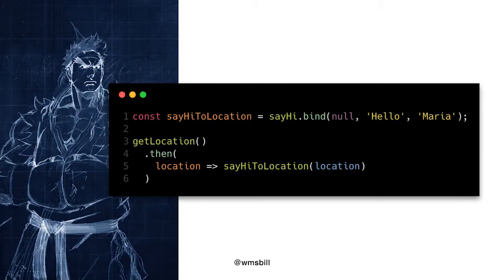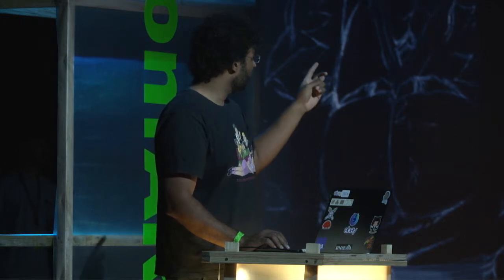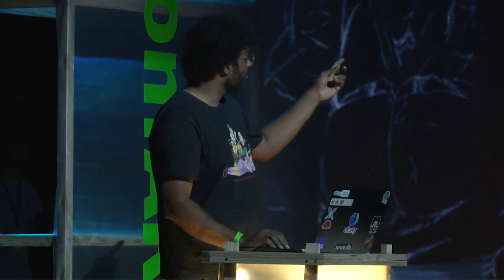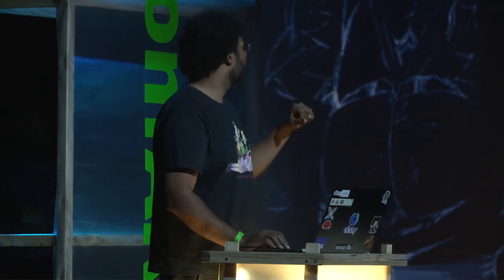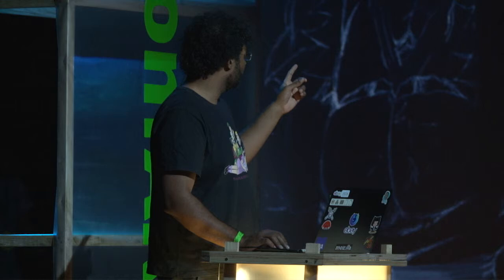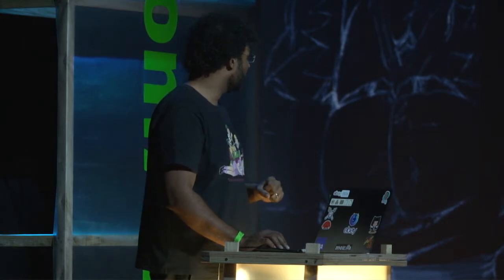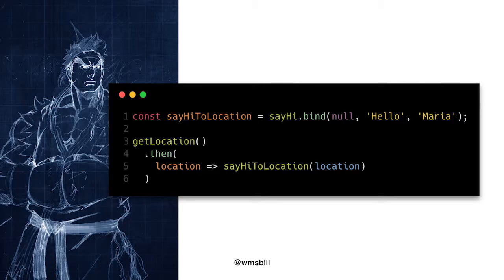So I can do this in this manner. In the first line you see that I create a new function called sayHiToLocation, and I don't bind any context, but I bind the first two parameters, first to hello, the second to Maria, and then I have this new function that I can call afterwards inside my resolved promise.